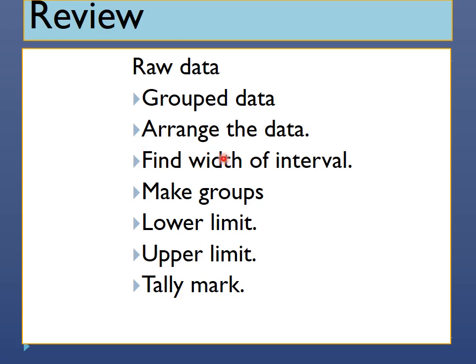After arranging the data, we find the size or width of classes, groups, or intervals. Then we make groups, check the lower limit and upper limit, and apply the tally marks.